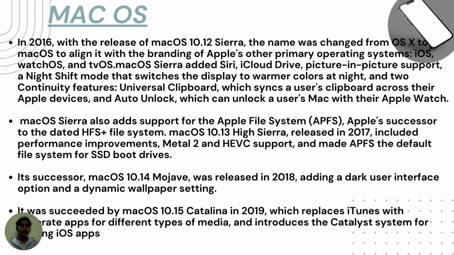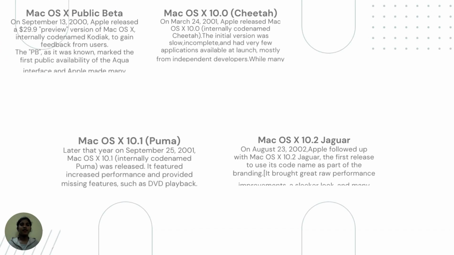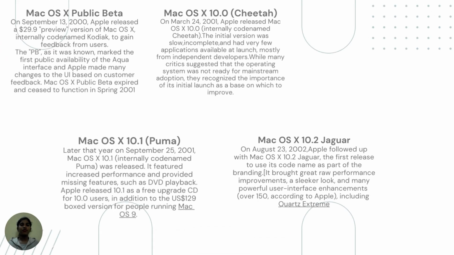It was succeeded by Mac OS 10.15 Catalina in 2019, which replaces iTunes with separate apps for different types of media and introduces a Catalyst system for porting iOS apps.